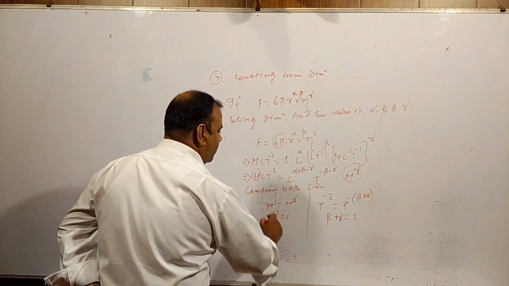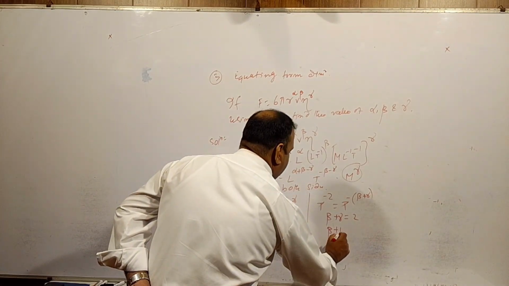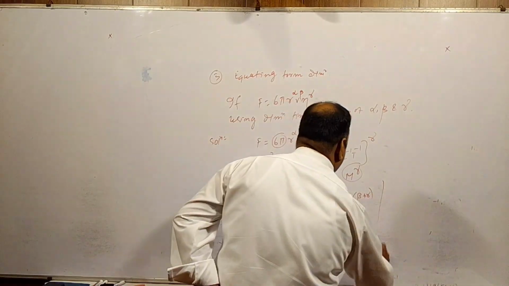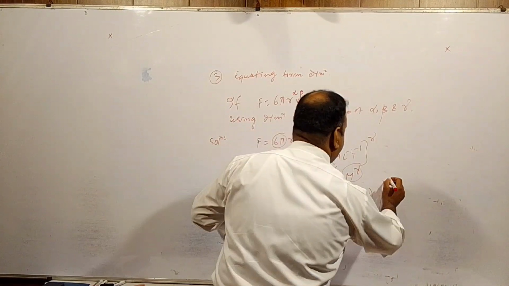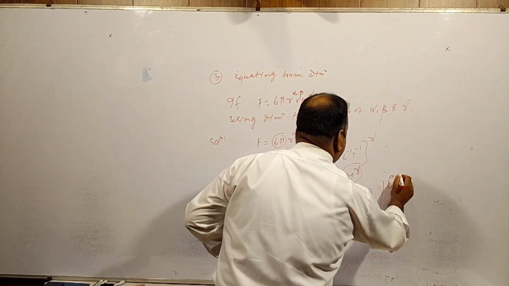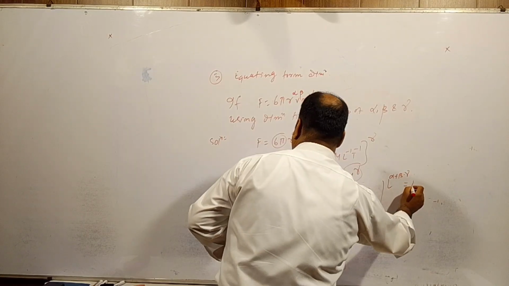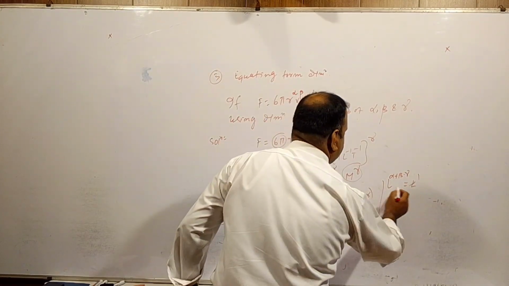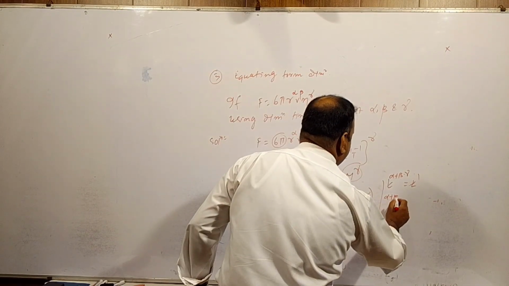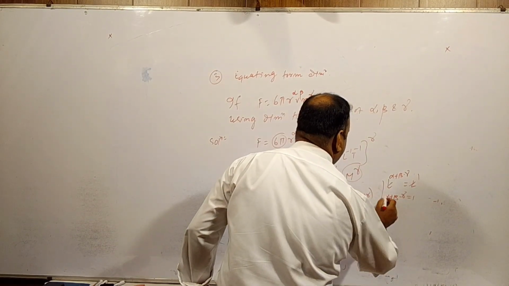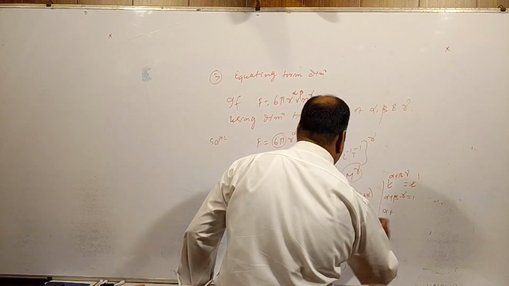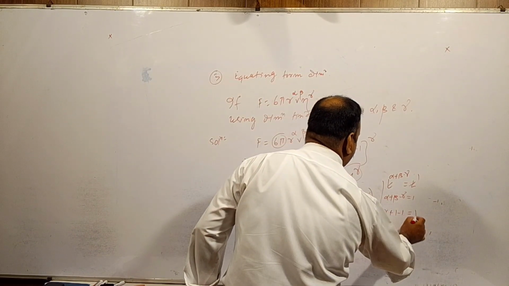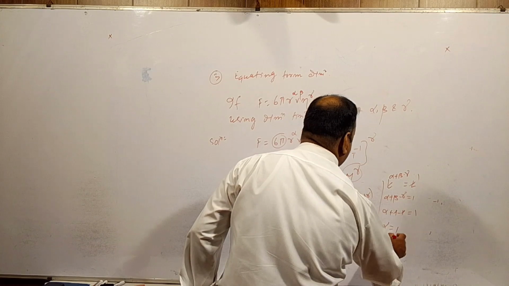Gamma value is 1, so beta plus 1 is equal to 2, beta is equal to 1. Third, for L, alpha plus beta minus gamma is equal to 1. Beta is 1 and gamma is 1, so alpha is equal to 1.